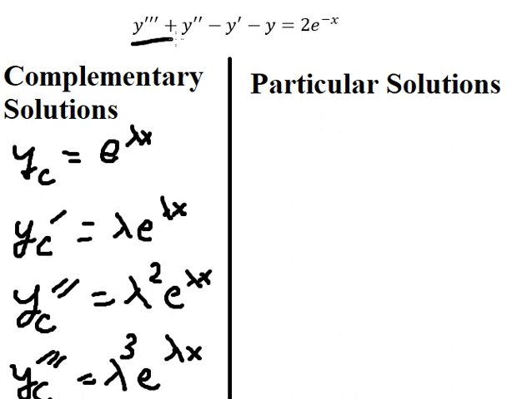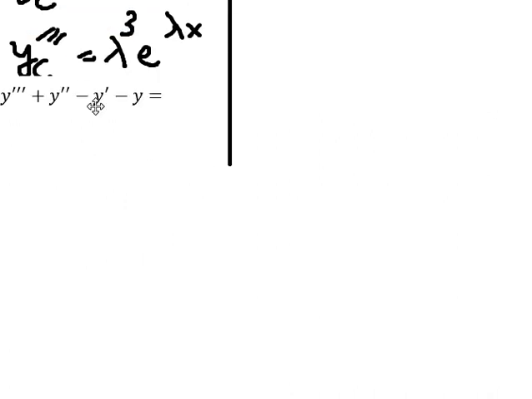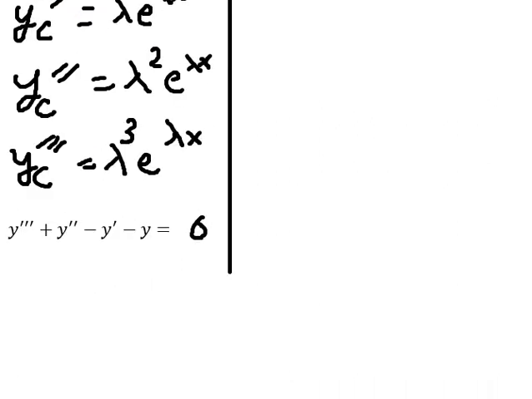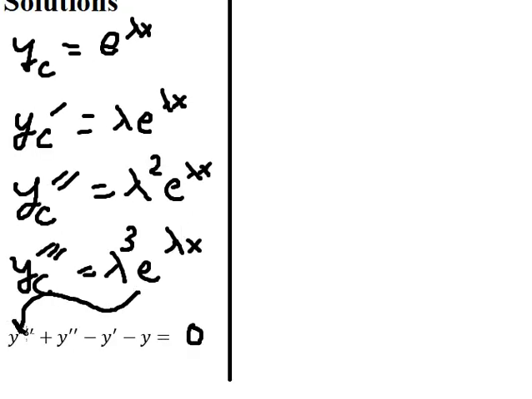Now, because this is about the complementary solution, I will set this equal to 0. That means we put this one in here, this one in here, this one in here, and this one in here.